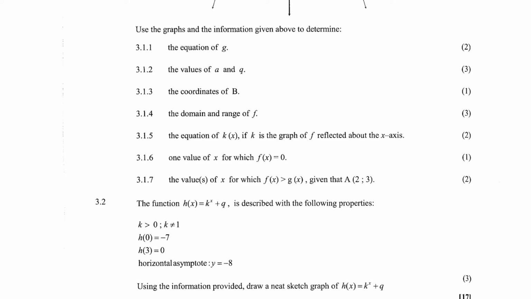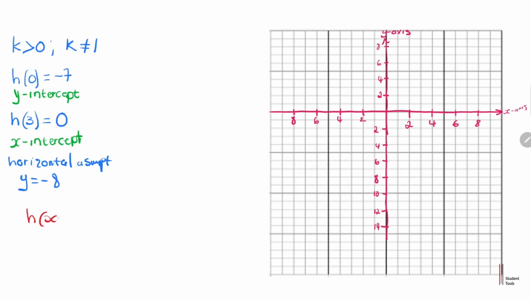We draw a neat sketch of the graph h of x equal to k to the power x plus q. We will use this information to draw this graph. I already have a grid here with our pair of axes to do that. We will start with the horizontal asymptote. We have one asymptote because this is an exponential graph.